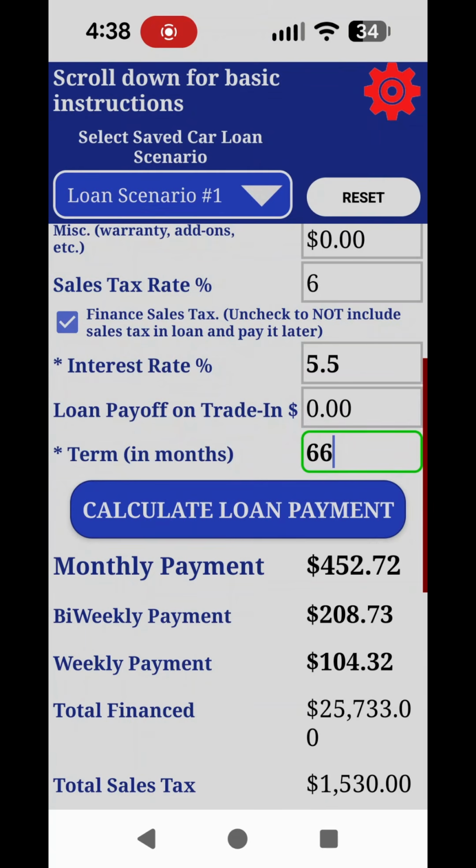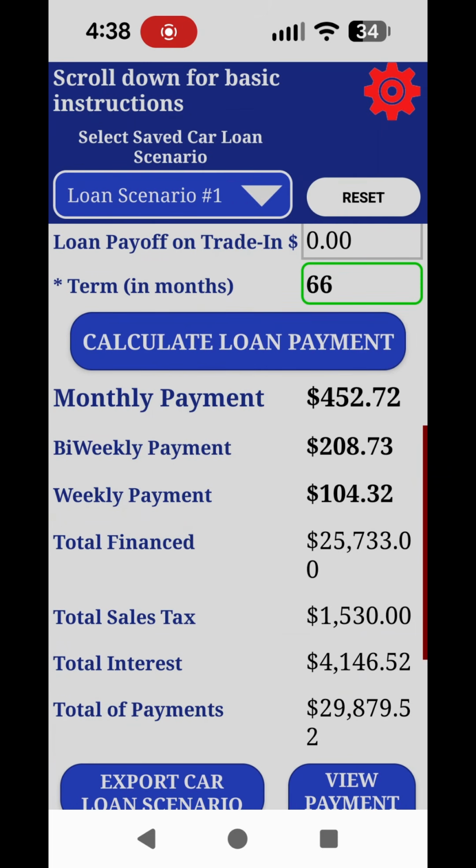So it tells us, based upon the parameters that we put in, the monthly payment on this particular vehicle is going to be $452.72 a month. It gives you bi-weekly, weekly, the total amount financed. That's at signing, you are financing $25,733. The total amount of sales tax on this deal is $1,530.